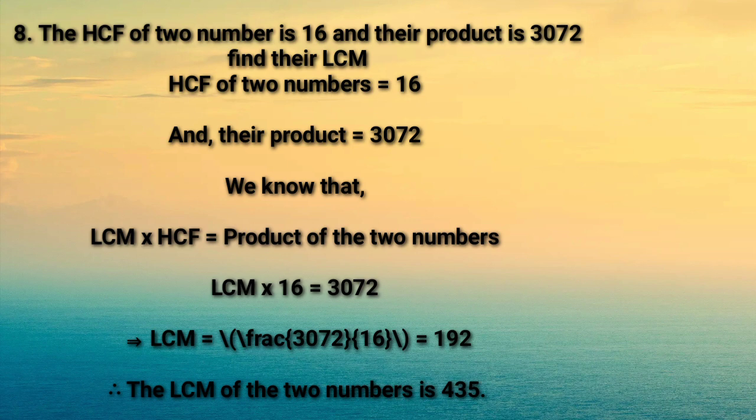So LCM into, now put the value of HCF, the value of HCF is 16, is equal to 3072. Okay students, now here your target is to find out the value of the LCM of the two numbers. So LCM of the two numbers is equal to 3072 divided by 16. So finally you are getting 435. Here it is a printing mistake, just make it correct, students.